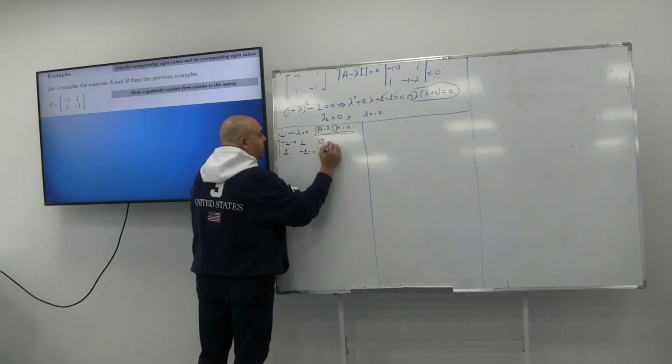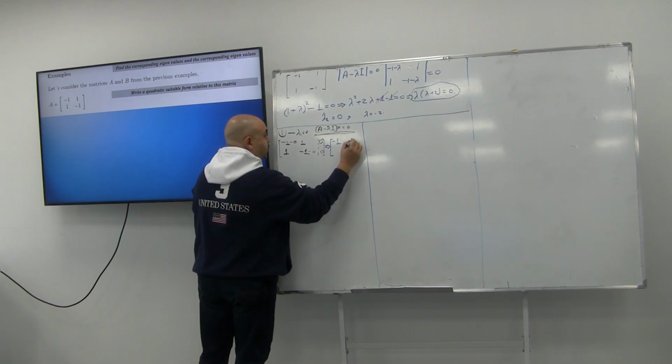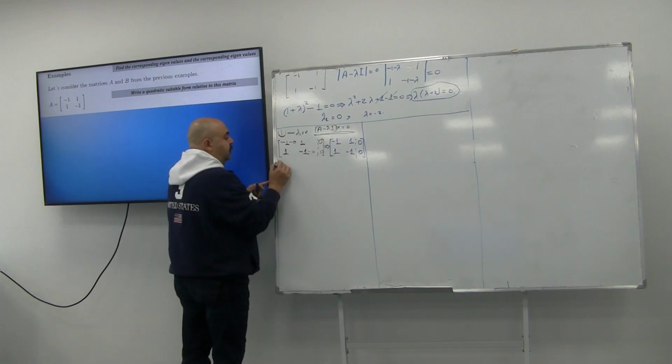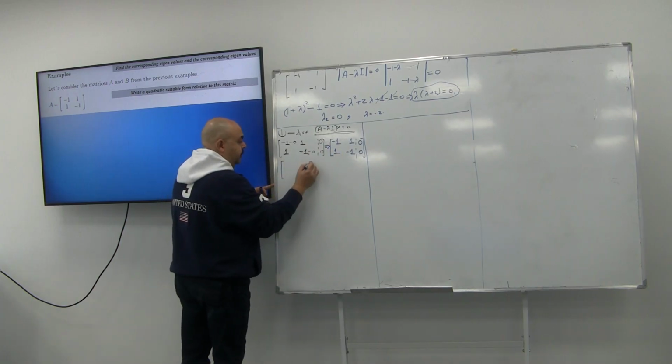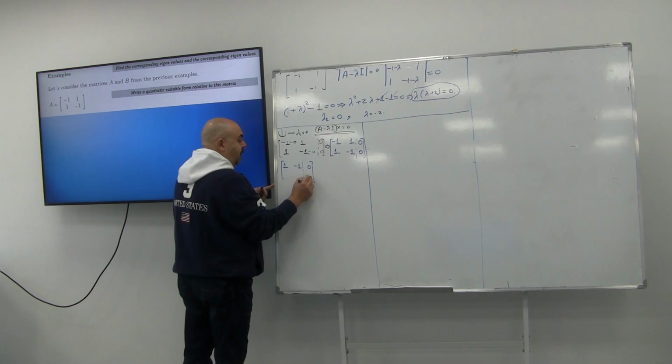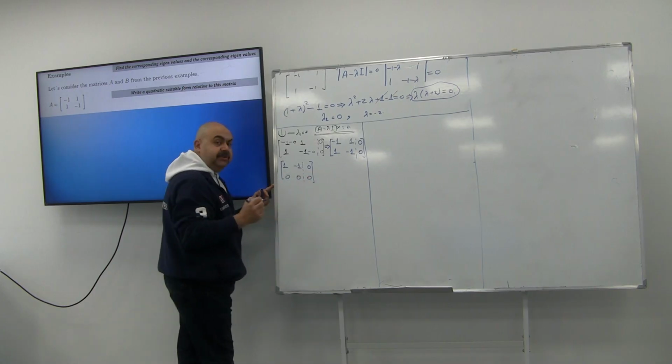So the second step is going to be having a negative 1, positive 1, 0, then I will have 1, negative 1, and 0. And from this, I would have the following remark. It's going to be 1, negative 1, and 0, and all the remaining elements will be zeros.